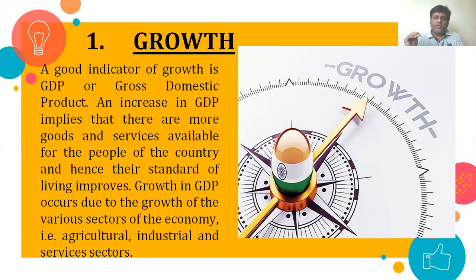Growth in these sectors shows growth in employment opportunities, growth in per capita income, and growth in the standard of living of the people of the country. So growth was the first basic objective of the Planning Commission. It also shows that goods and services are available to the largest section of the people.